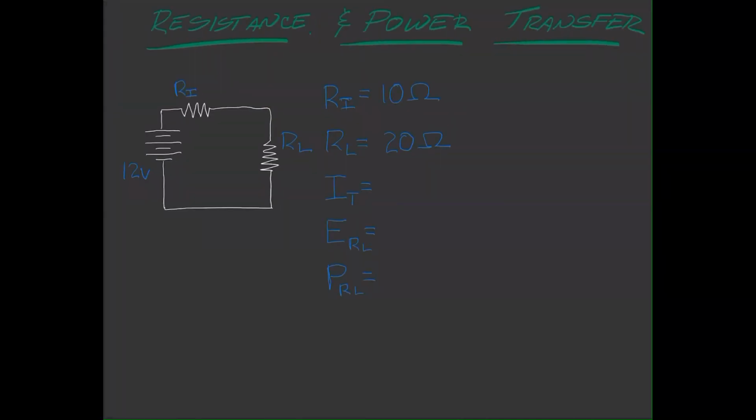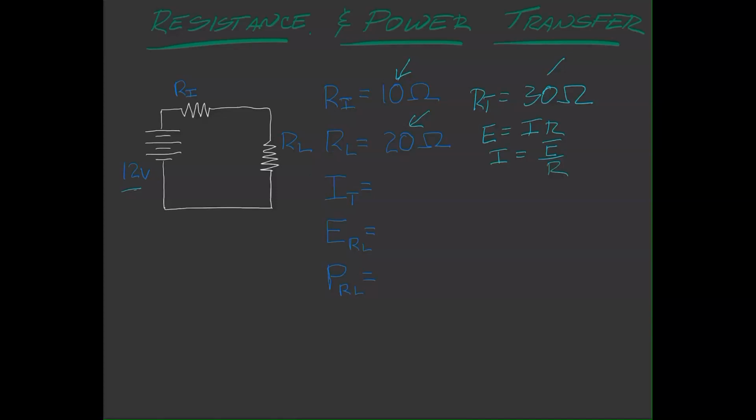Let's take this same circuit and we'll say that our internal resistor is 10 ohms and our load is 20 ohms. Now, first off, of course, no power source is going to have an internal resistance of 10 ohms. It just makes the math work better. So in this case, our total resistance in this circuit is 30 ohms. And we know from Ohm's law that the current is equal to the voltage over the resistance, in this case 12 divided by the 30.